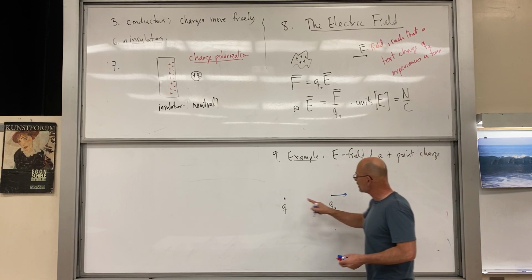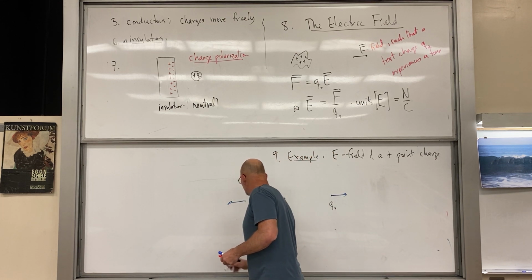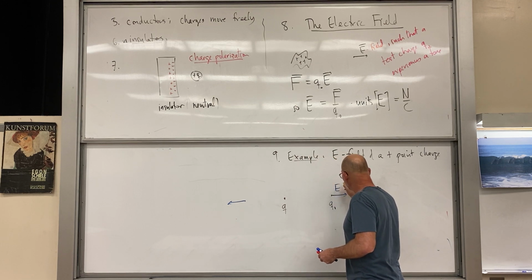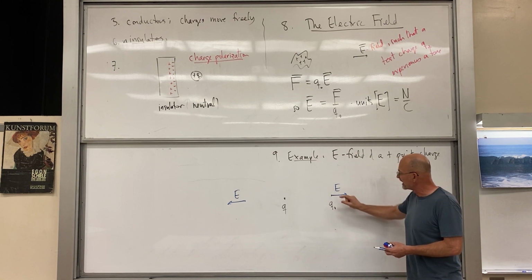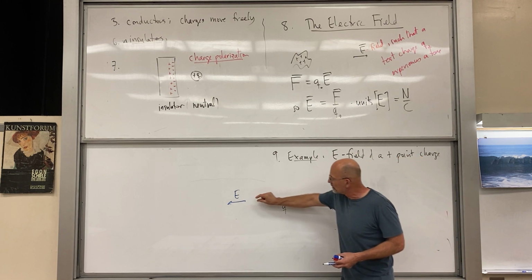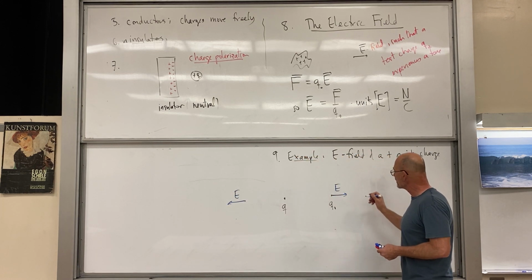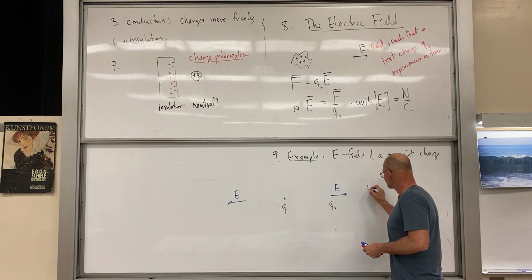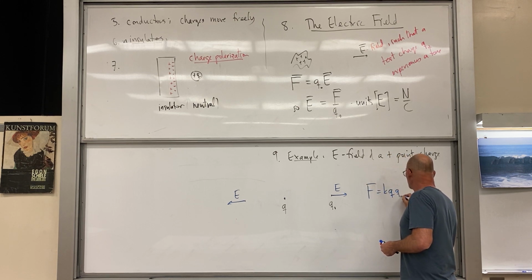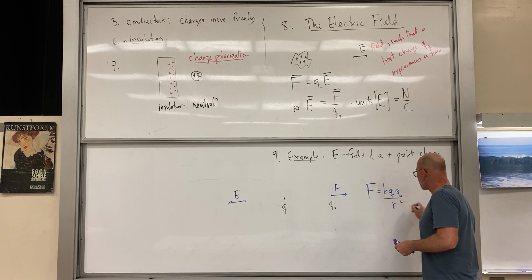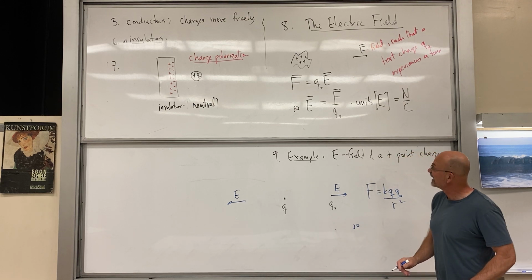So we could take a point charge over on this side. What I'm drawing now is the E field vector. Then E would be pointing in this direction, because if I take this positive test charge over here, it would be repelled. So the law that we're talking about, of course, is F is equal to K Q Q0 over R squared. So E, what's E?